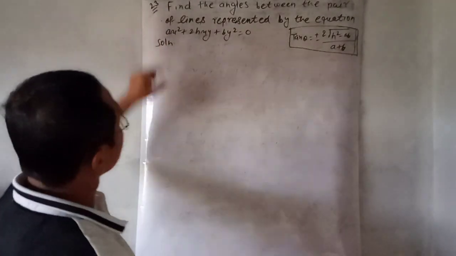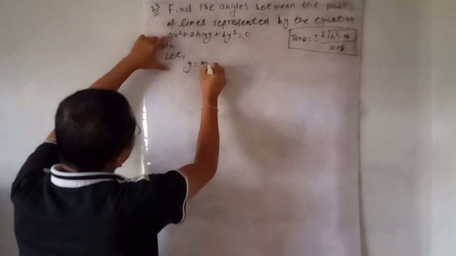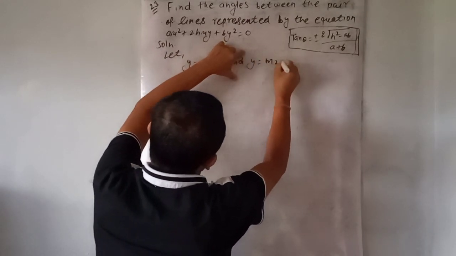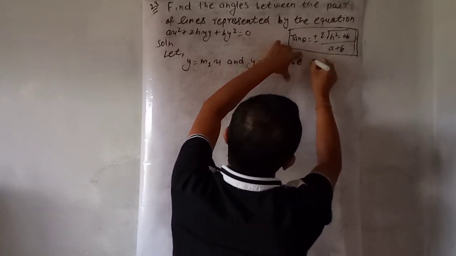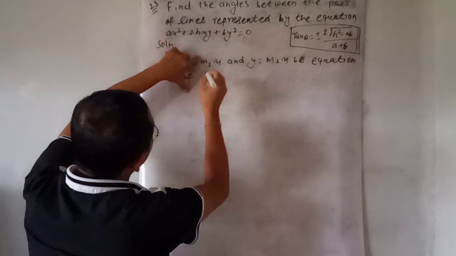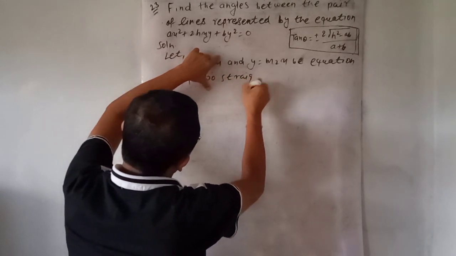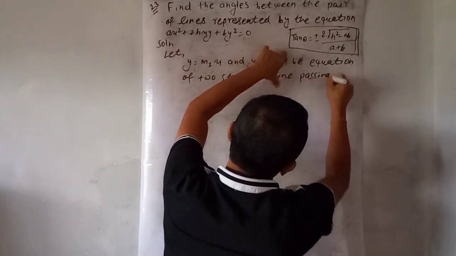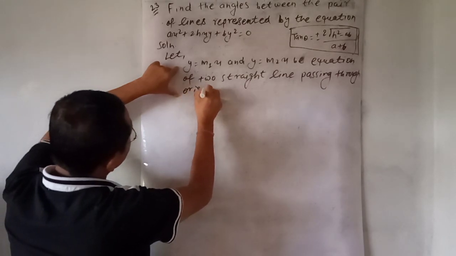Solution. Let y equal to m1x and y equal to m2x be equation of two straight lines passing through origin.